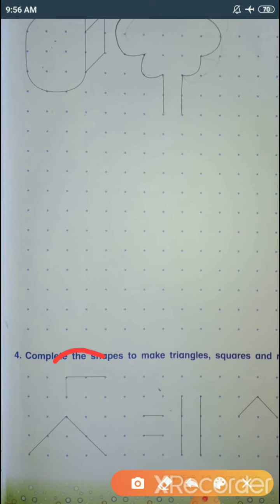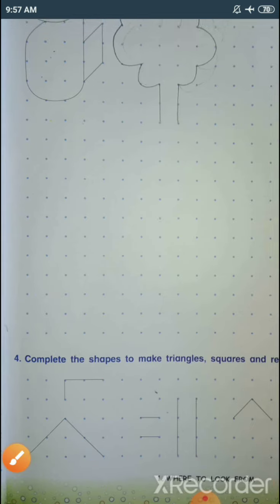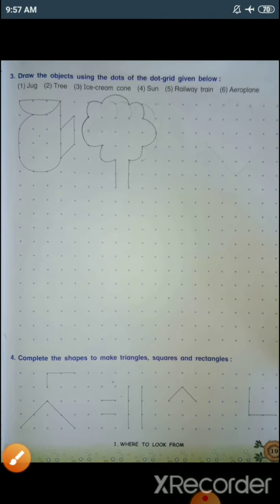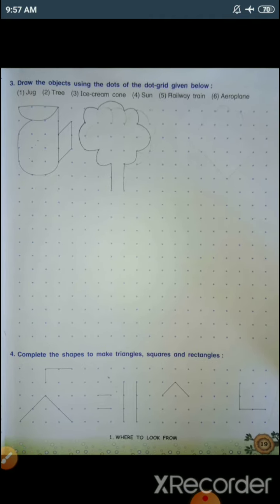I will solve this one. With the help of this line we can see one rectangular shape here. By completing this horizontal line, one triangle is given here. In this shape one square is made, and in this shape one rectangular shape you can draw. With the help of lines you can make these shapes.